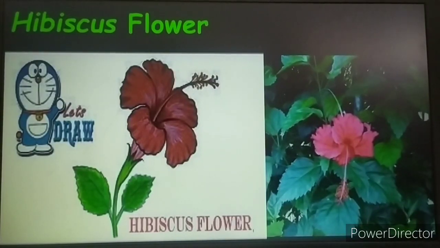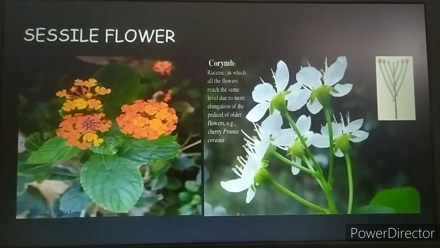Let me tell you one more important fact, that there are some flowers which do not have a pedicel. As you can see here, with the pedicel, the flower is attached to the main stem. There are certain flowers which are without a pedicel. These flowers are called sessile flowers.